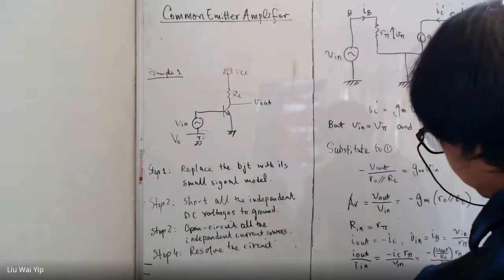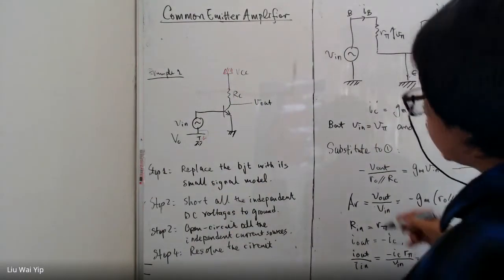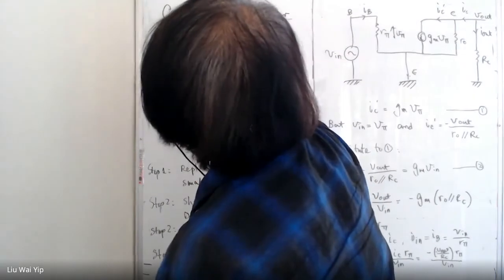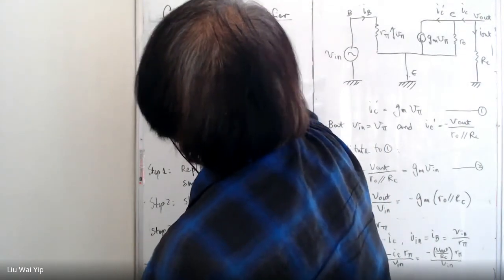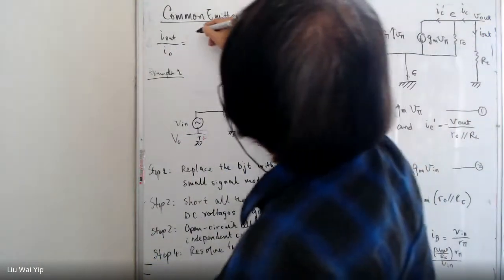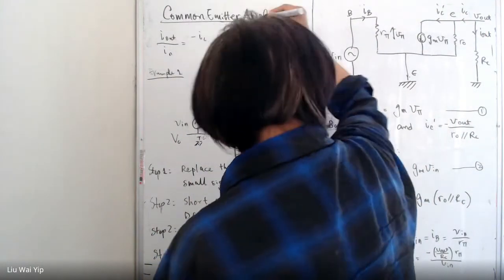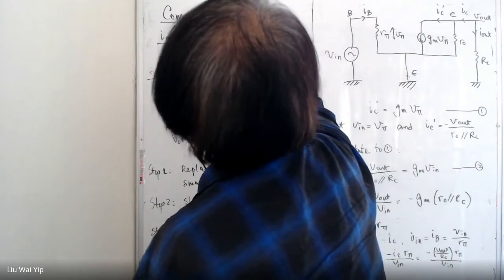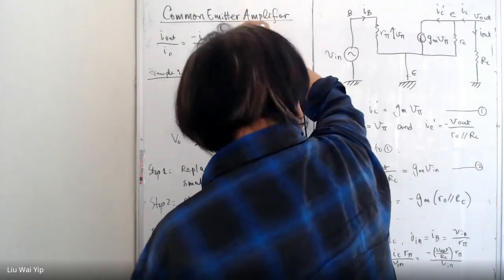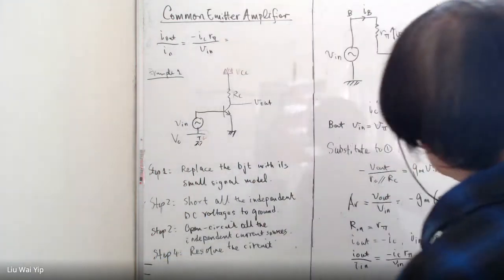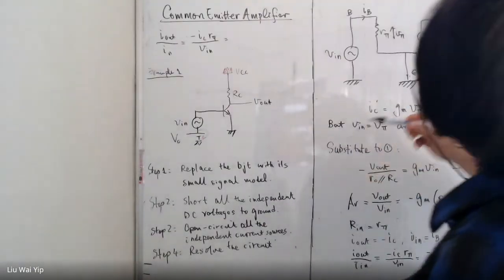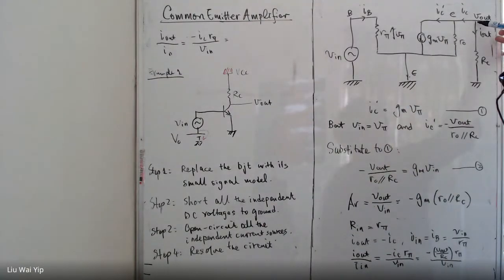So first, I copy this line here. I out over I in is equal to minus IC, and then R pi, and then V in. And then I'm going to substitute IC based on the information here.